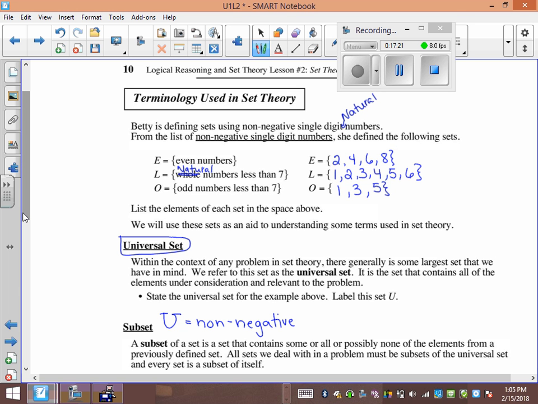Non-negative. So we're kind of really doubling up here, but that's okay. Non-negative, single digit. And the reason why I threw natural in there is because I wanted to get rid of the 0. I didn't want to deal with it. So the universal set is the set that you choose all your little subsets from. Okay? That's your universal set. Very important.